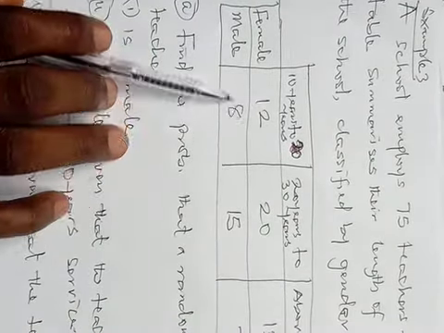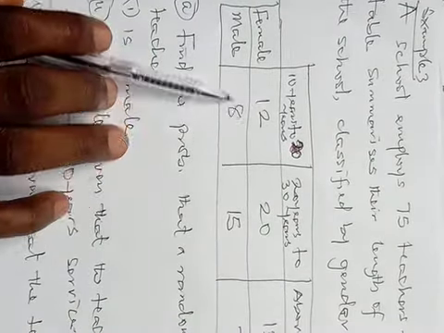So the question now is, we are being asked to find the probability that a randomly selected teacher is female. So how do we do this?